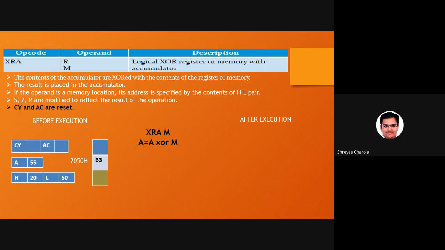What is the answer? Simple. Performing an XOR operation. Yes, I need the answer in hexadecimal if you want to write.